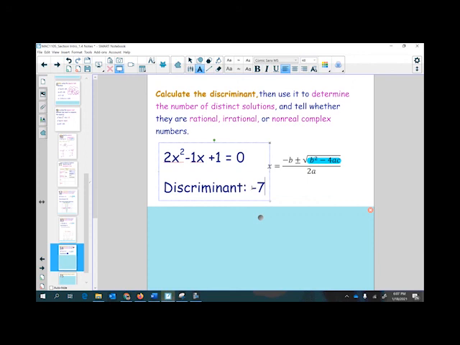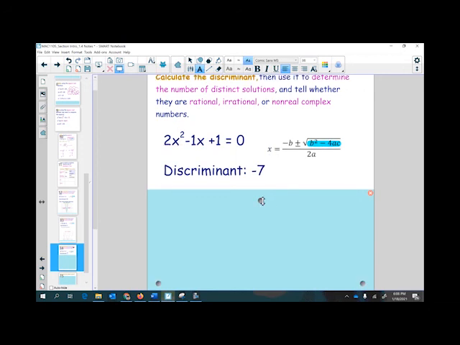Ooh, we get a negative underneath the square root. So if we have a negative underneath the square root, then we get an imaginary answer, or a non-real answer. Also, 7 is not a perfect square, but I guess we don't even really need to define it past just saying that it's non-real.